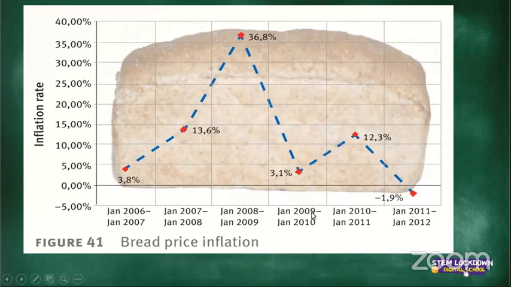Then January 2009 to January 2010, it was a very steep decrease. It means that it decreased at a much quicker rate, moving from 36.8% to 3.1%. And then from Jan 2010 to Jan 2011, it increased again to a 12.3% inflation rate. Then Jan 2011 to Jan 2012, it decreased once again.